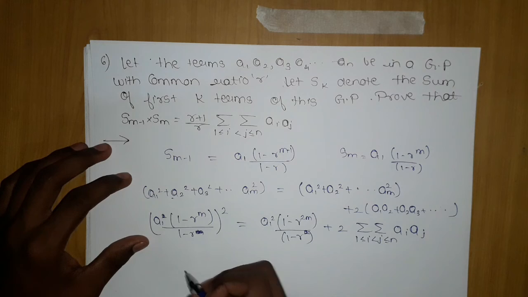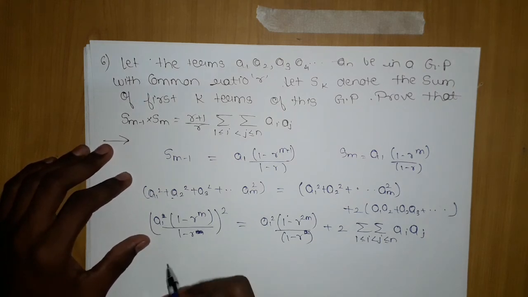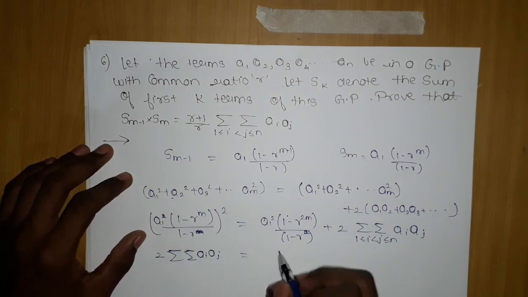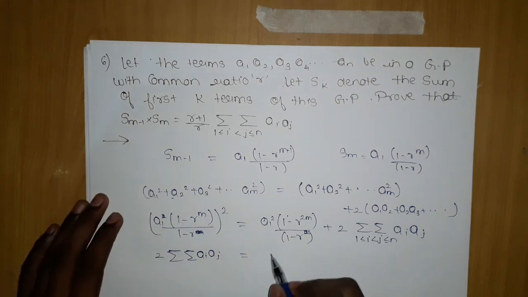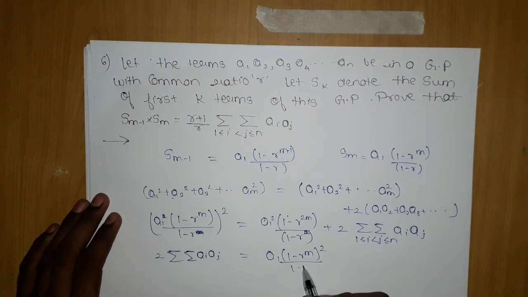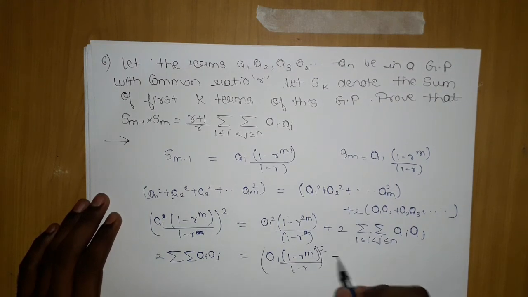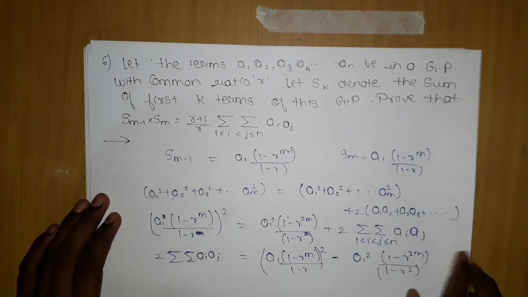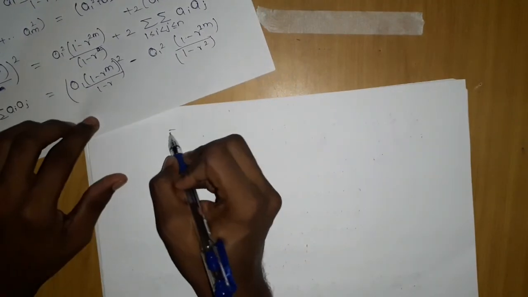So 2 into the summation of ai aj, I will not write that thing because it's quite frustrating, equals a1 into 1 minus r^m, the whole square upon 1 minus r the whole square, minus a1 square into 1 minus r^(2m) upon 1 minus r square. So we are okay. Now let's move on. This is just your calculation skill.